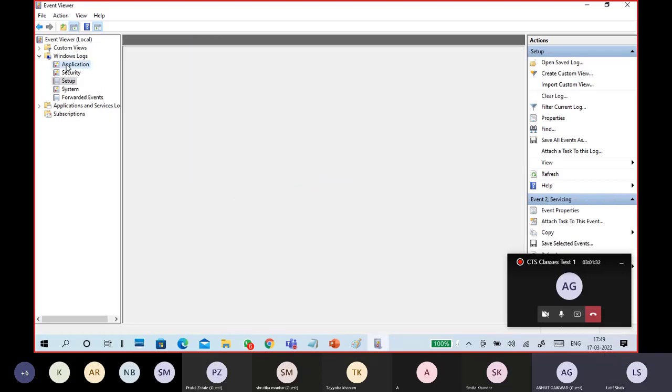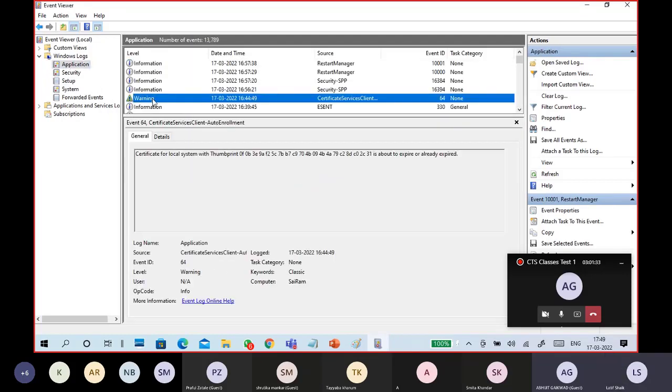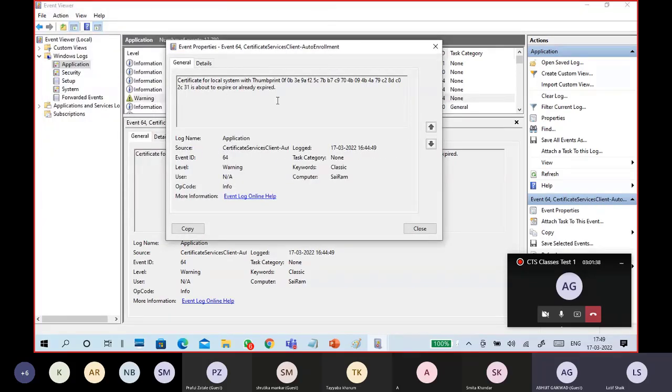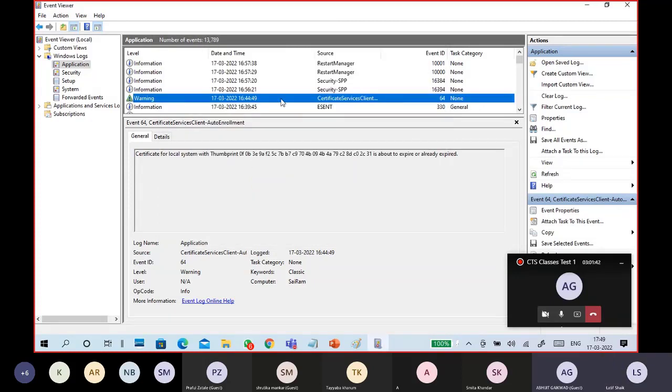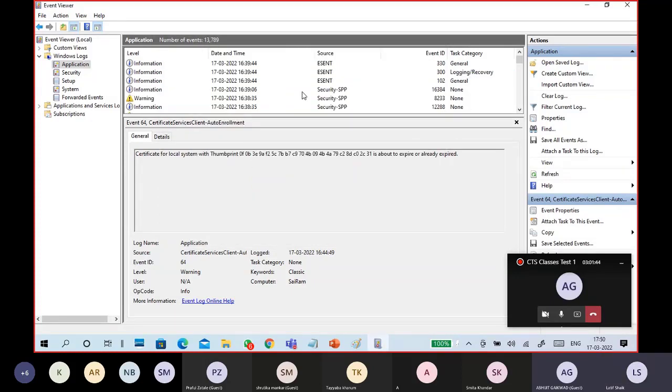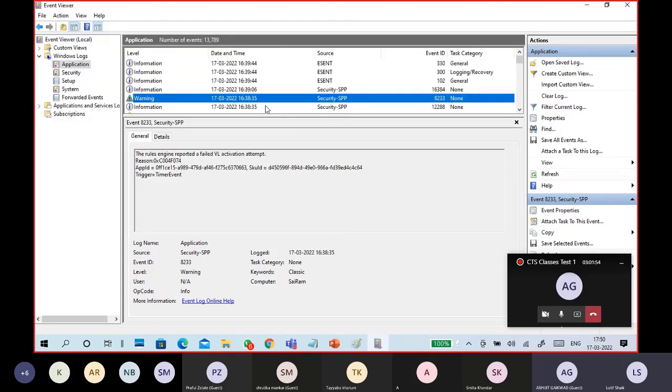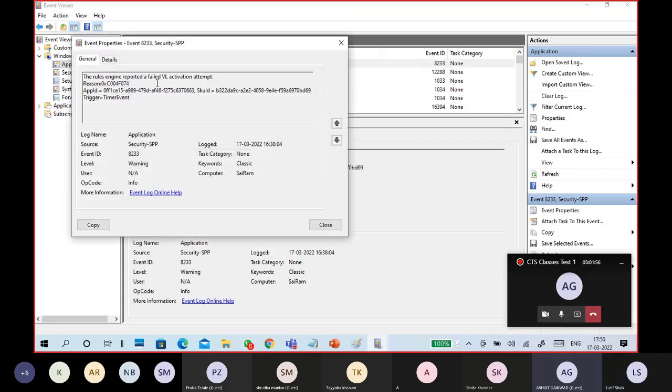Guys, the application log belongs to application access, open kind of stuff in the PC, including all the applications. See, the VL report attempt failed, which means a licensing attempt failed, the same error.